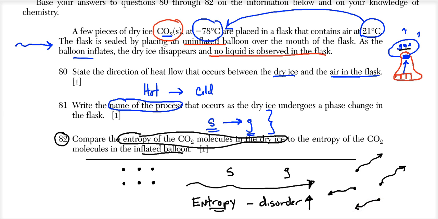So you had to know for this question what entropy was. And you needed to know, as we go from a solid to a liquid to a gas, the amount of disorder increases. And if you go from a gas to a liquid to a solid, your disorder would decrease as you become more ordered. So this question was clearly about the idea that your disorder was increasing as you become a gas.